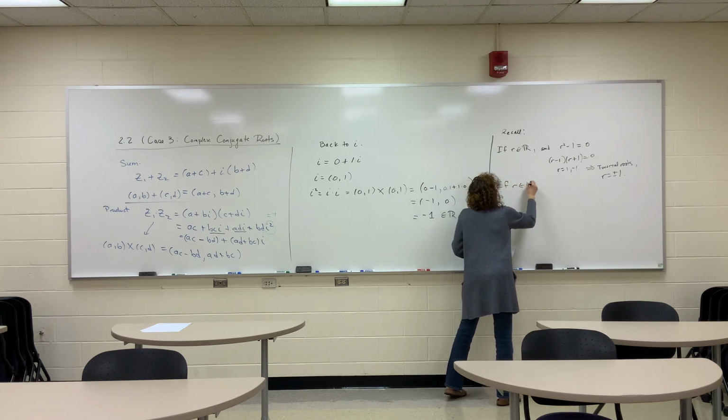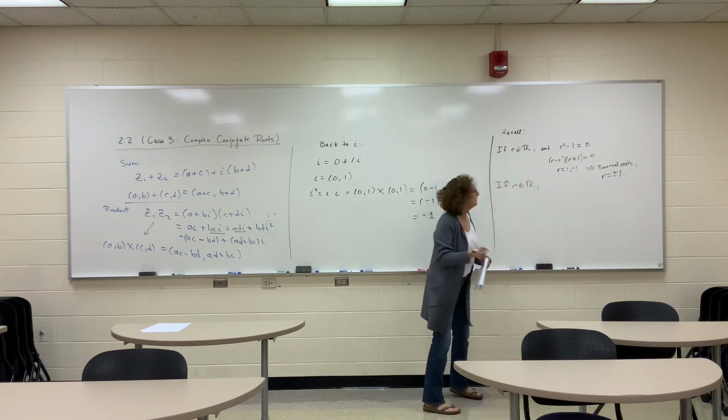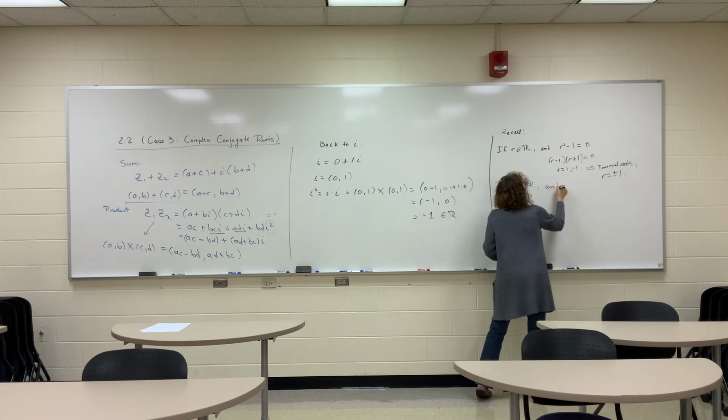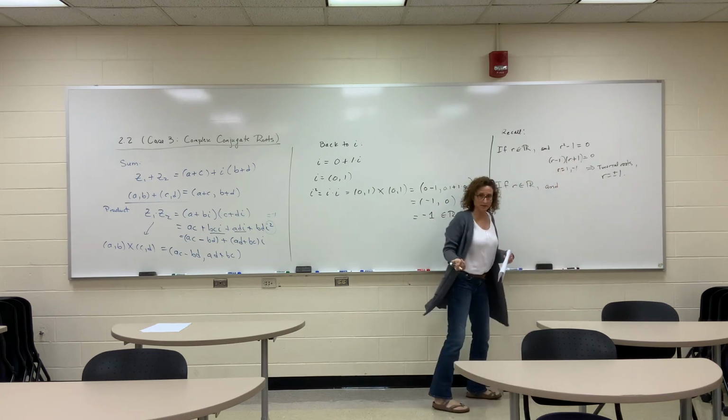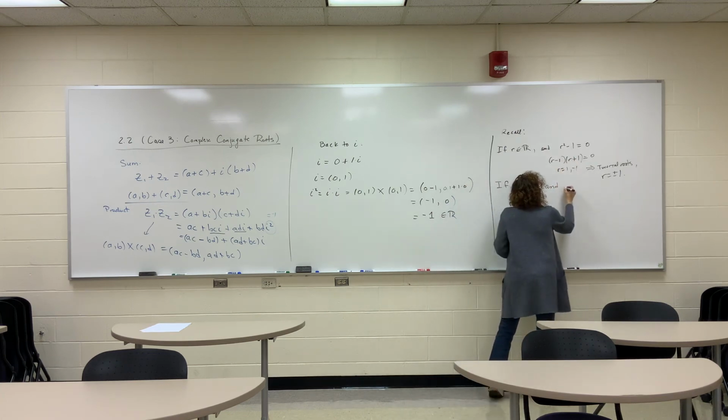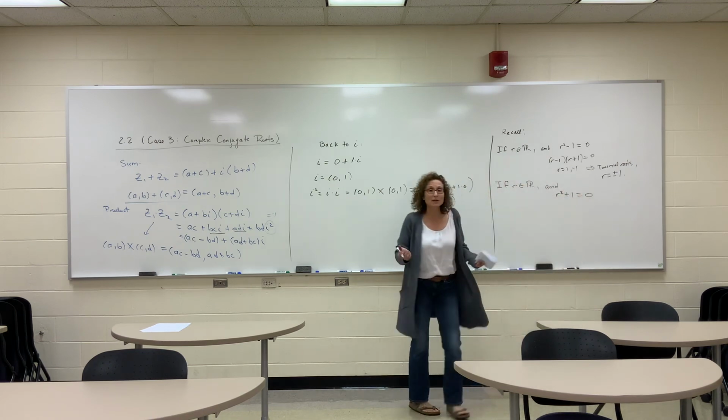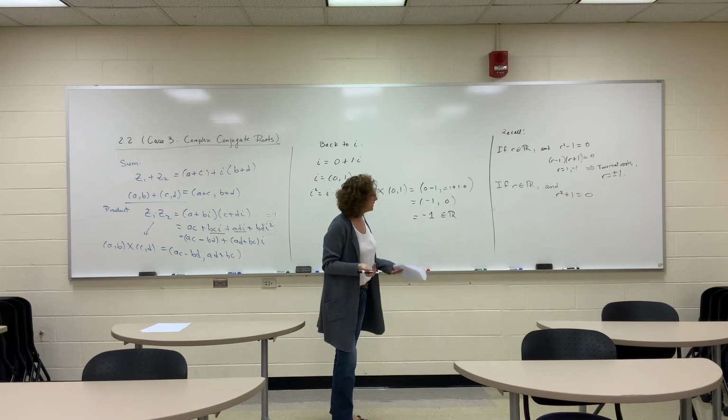Now again, if r is a real number, and instead of r squared minus 1 equals 0, we have r squared plus 1 equals 0. If that minus is a plus, what would you do to solve that equation?